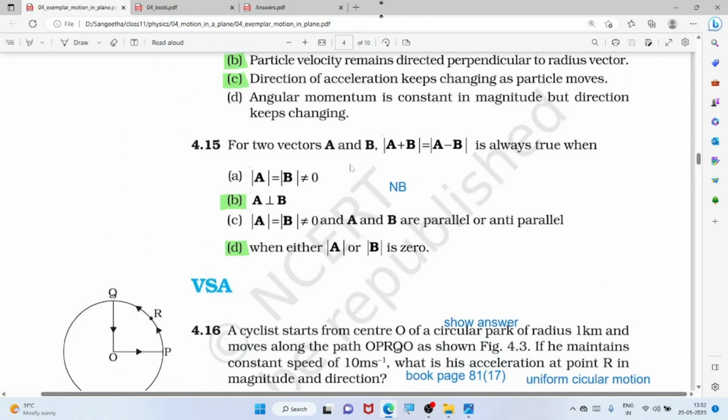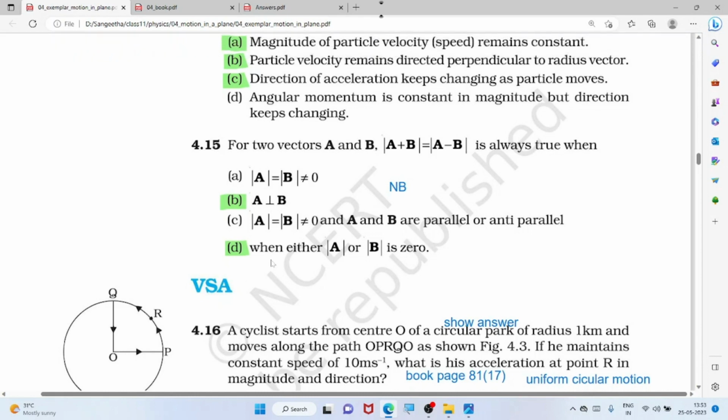Two vectors a and b, a plus b equal to a minus b. That means these two are perpendicular, or one of them is 0. Okay. 4.15.